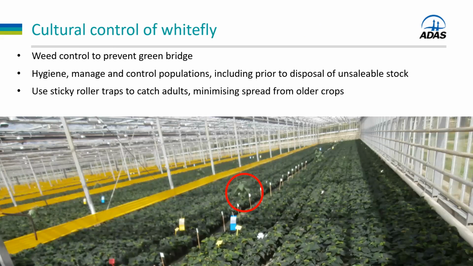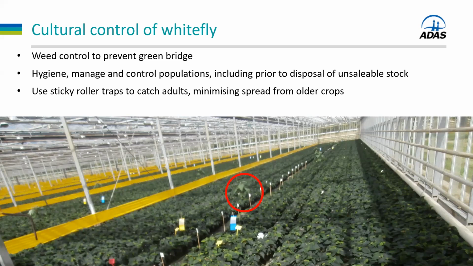Hygiene is important, basic stuff, just a reminder of it really, but also in the thrust of the season, there's a need to manage and control populations, however you do that, whether that's chemically or biologically. But be aware of the population that you've got on the nursery, whether that's on incoming plant material or within the nursery, and manage that to keep it in check and prevent it causing problems.